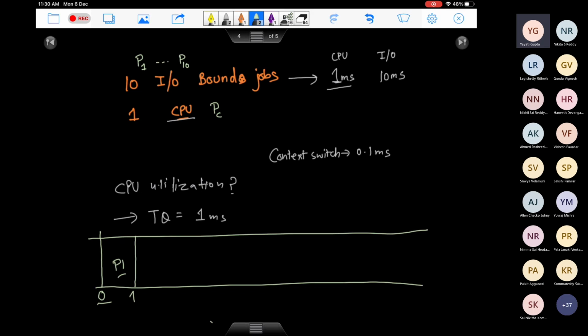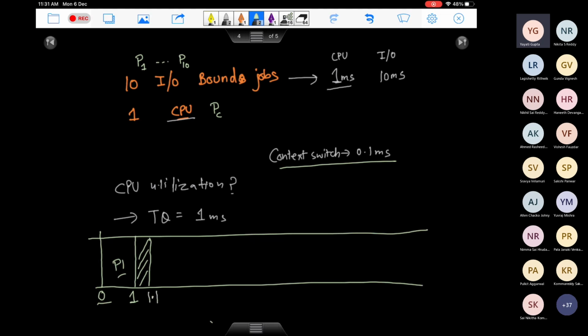So this time it could run for 1 millisecond, and then it goes off to your waiting queue for input output. Then your second input output bound job comes, and now you are going to execute that, but you are given that context switch takes 0.1 millisecond. So here you are actually going to wait for 0.1 millisecond. During this time, while the context switch is happening, your CPU is not doing any useful work.